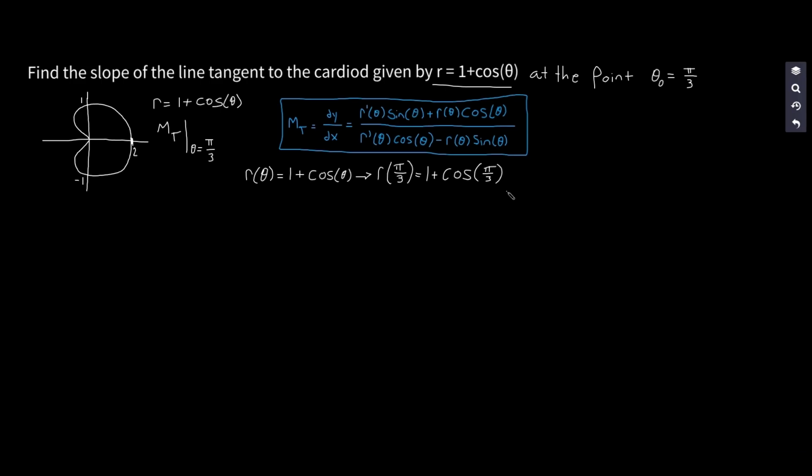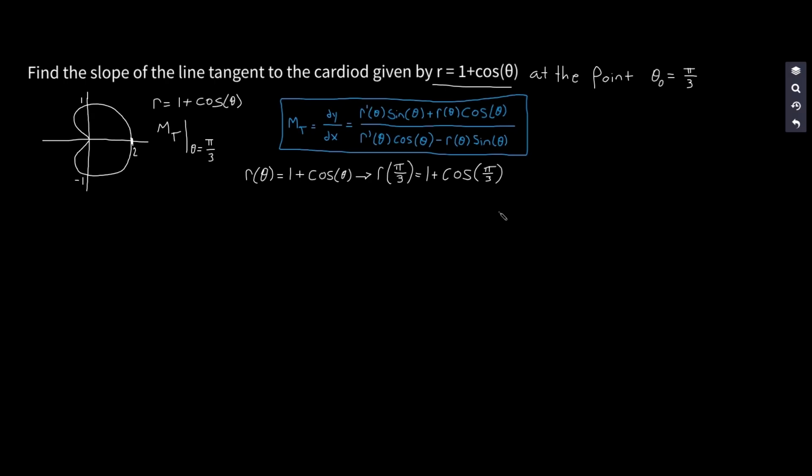And there are things called special angles. When we look at cosine of pi over 3, it's equal to 1/2.